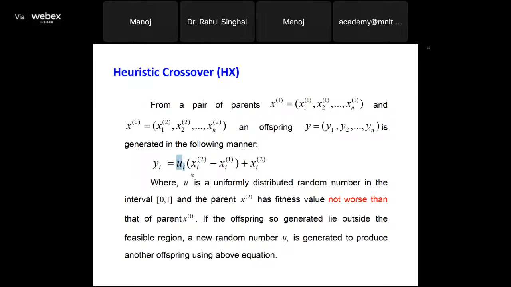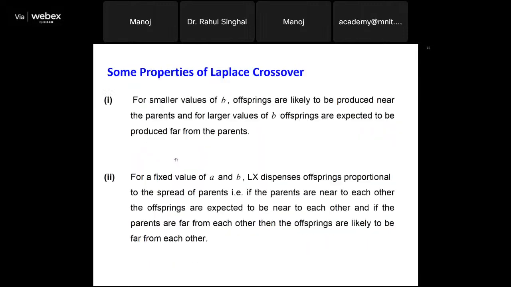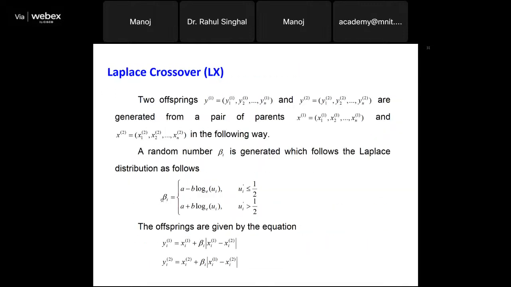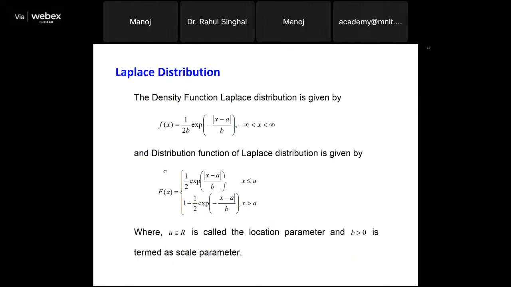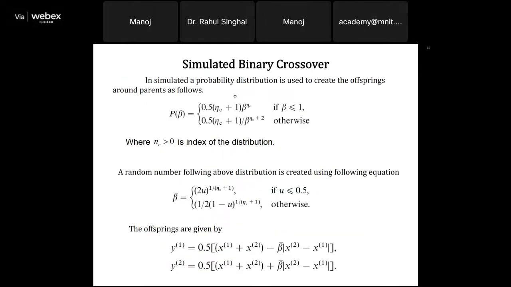There is no tunable parameter. For example, in the Laplace crossover, even if we take a equal to 0, b is a tunable parameter. You have to fix the value of b based on your experiments, or do some computational experiment for that. Similarly, simulated binary crossover has a tunable parameter eta c. Whereas in heuristic crossover, although two parents are producing one offspring, there is no tunable parameter.